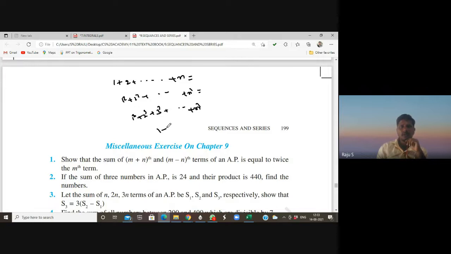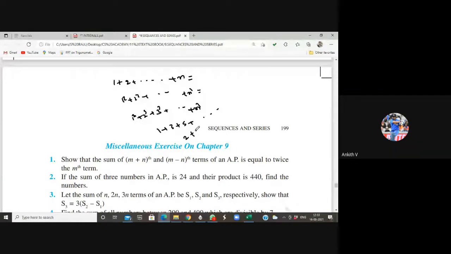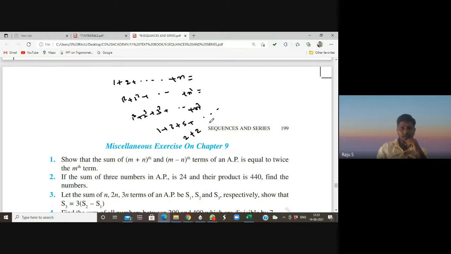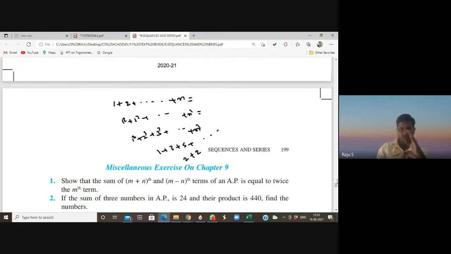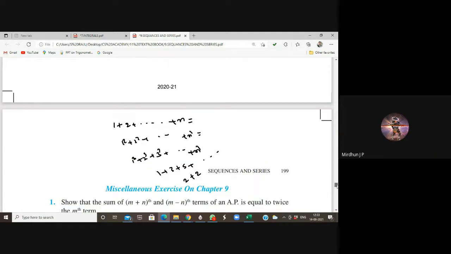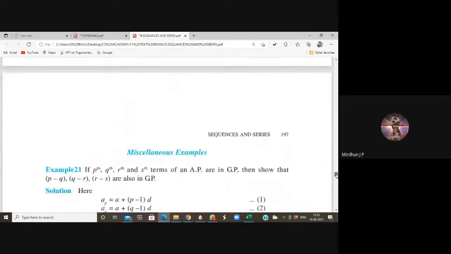And also the sum of the first n odd natural numbers is n square, and of even numbers is n into n plus 1. Sir, is there any formula for the sum of the Fibonacci sequence? For the Fibonacci sequence, only one condition is there, that we have already seen. Sir, for progressions only we have formulas, for series we do not have formulas. Yes, yes.